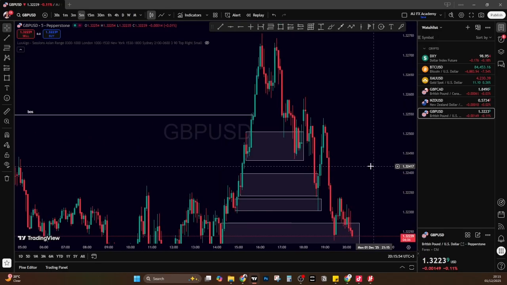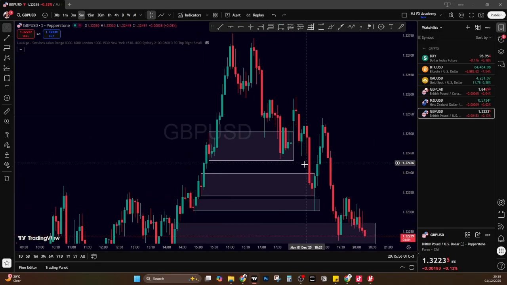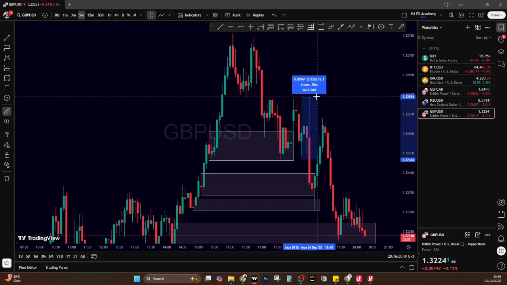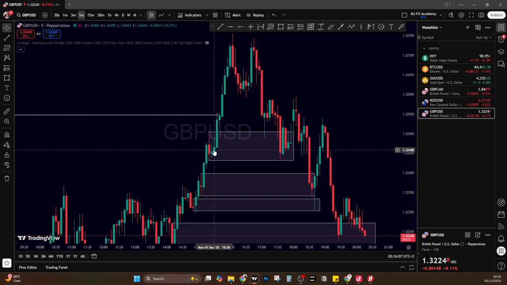Now if you look at all these order blocks, you realize that when the market got here, it reacted from that order block. Like this one, it bought like 16 pips from this order block.